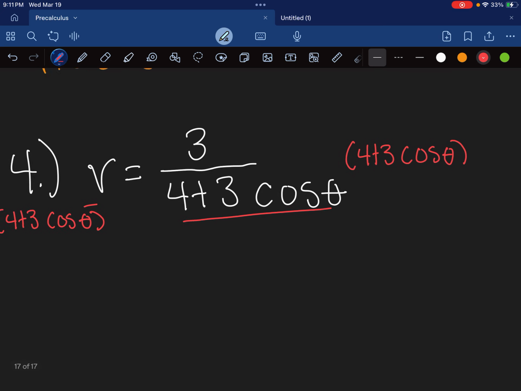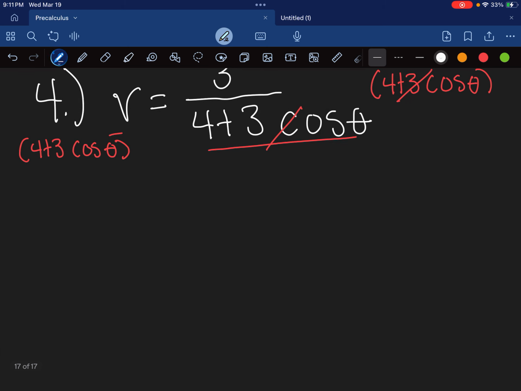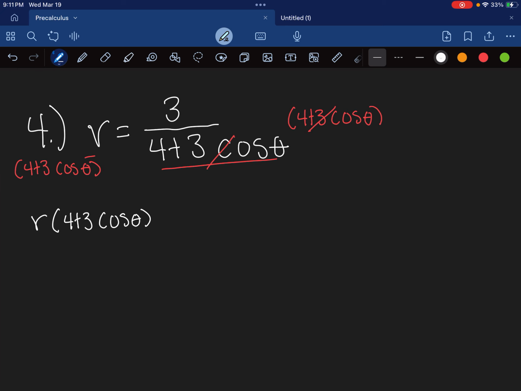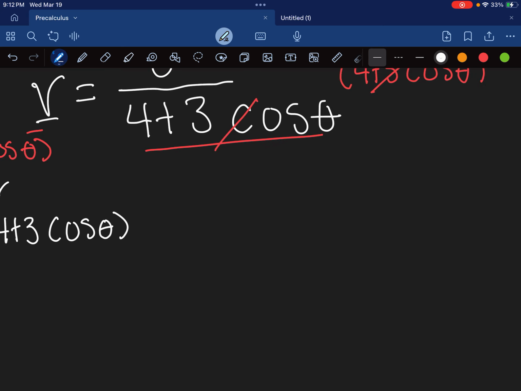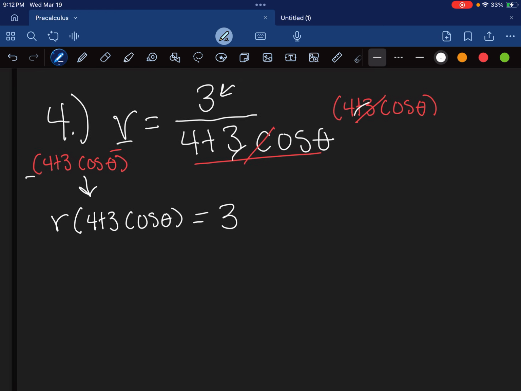Once we do that, these cancel out, and then we're left with r times 4 plus 3 cosine theta. We got this by having the r right here and then multiplying it by this. Since these two numbers canceled out, we're only left with the 3 at the top. So this is what we have so far.